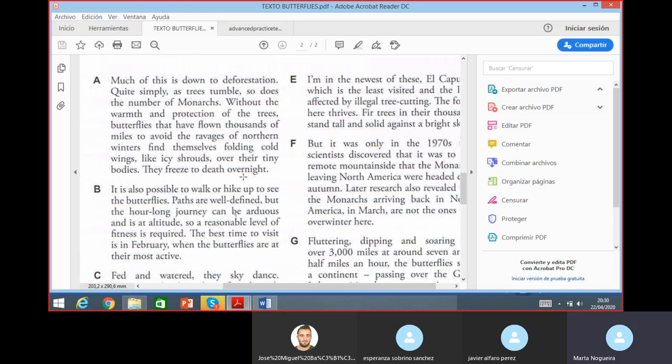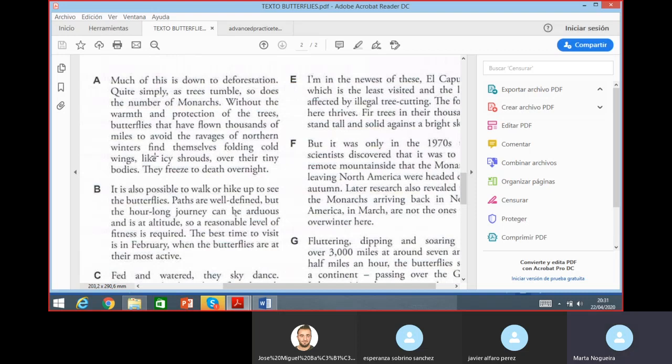Okay, so it says without the trees, butterflies have flown, okay, you have to see the participle of fly, thousands of miles to avoid the ravages. Han tenido que volar miles de millas, we can say kilómetros, para evitar su deterioro, ok.